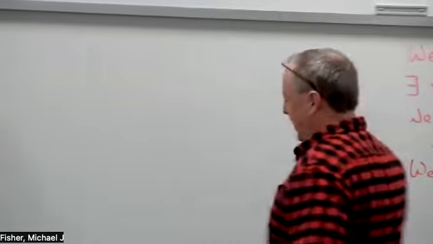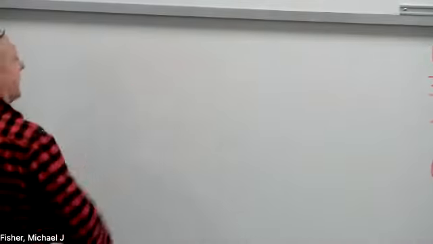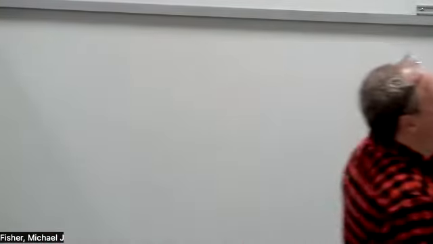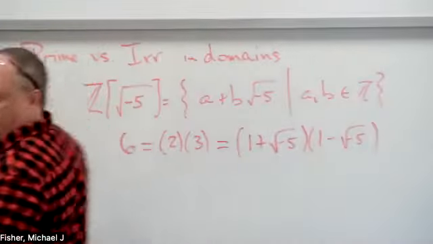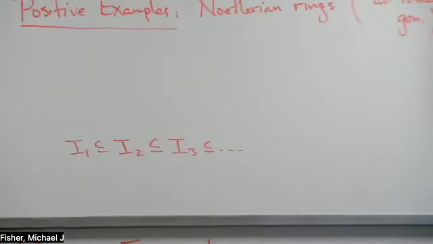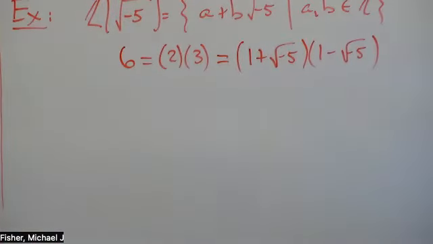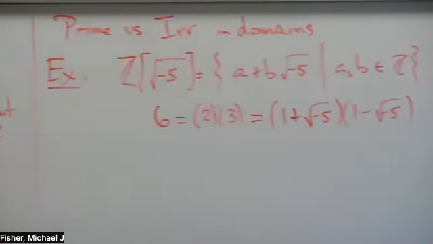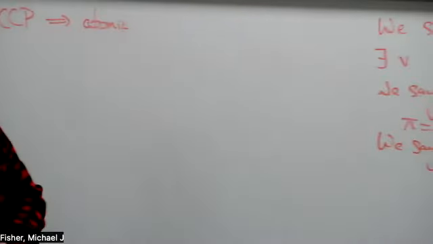Here's another large class. For those of you that have seen the definition of Noetherian, Noetherian means that every ideal is finitely generated. It also means that every ascending chain of ideals must eventually stabilize, right? You can't keep going up forever. ACCP implies atomic.